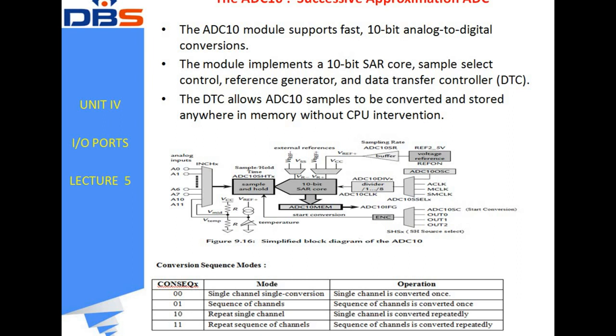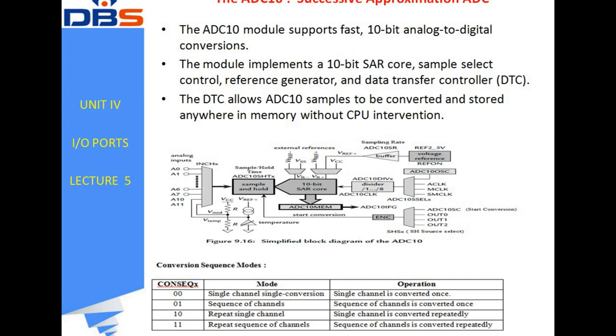That means it automatically or rapidly converts the given analog input into a digital output, and the module implements a 10-bit SAR core, sample select control, reference generator, and data transfer control.